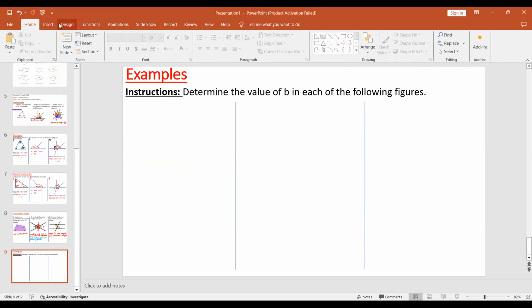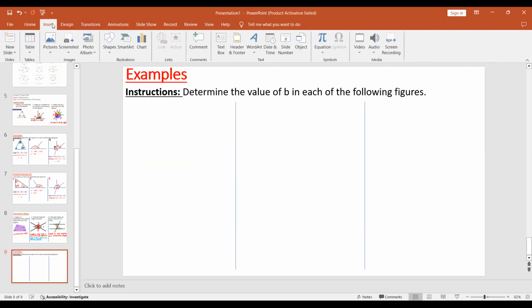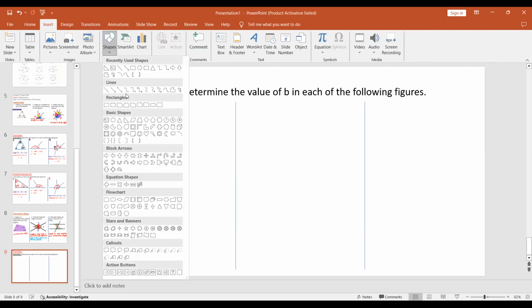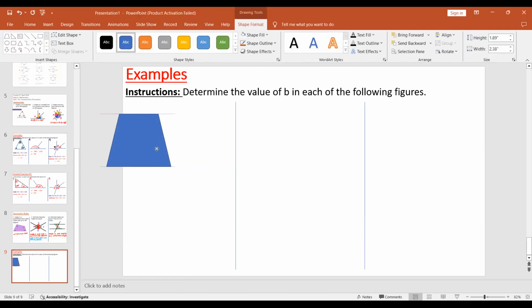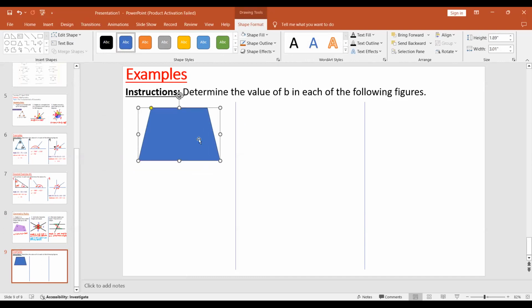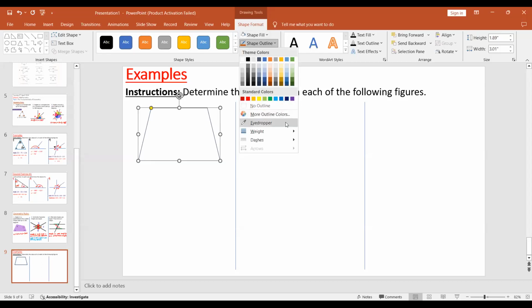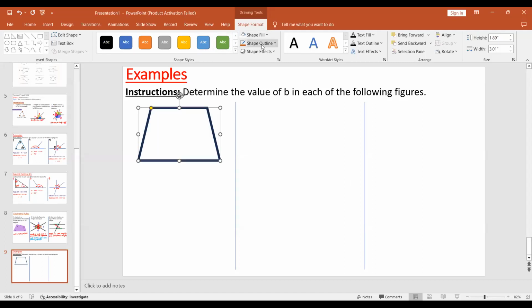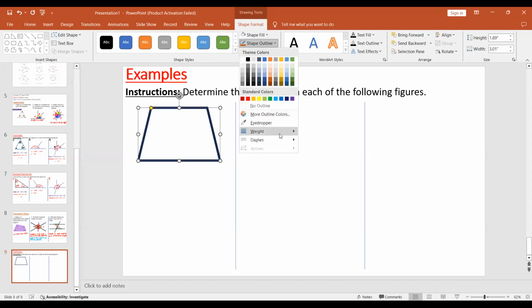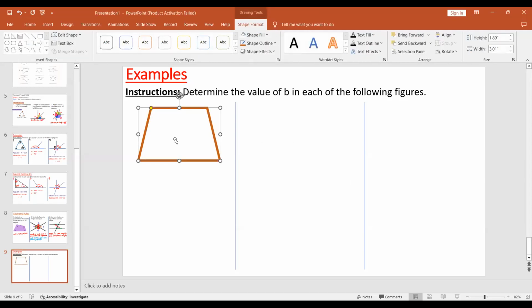All of them are about the same. I'm sorry. This is a better one. This is a trapezium. I don't want to fill, I want the outline.